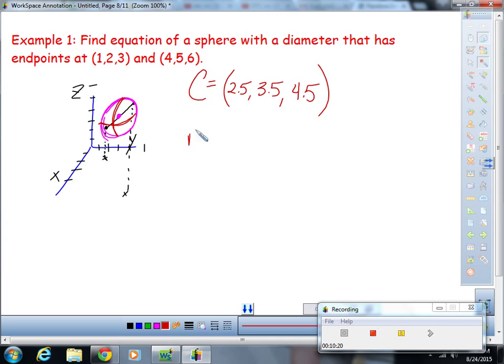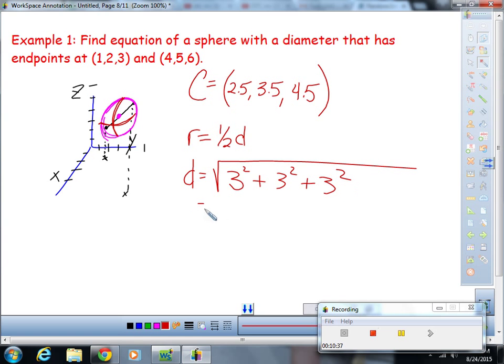And our radius is going to be half of our diameter, and for the diameter we're just going to use the distance formula, the square root of 3 squared plus 3 squared plus 3 squared. So it's the square root of 27. So that's 3 radical 3 is our diameter. So our radius then is half the diameter, 3 radical 3 over 2.